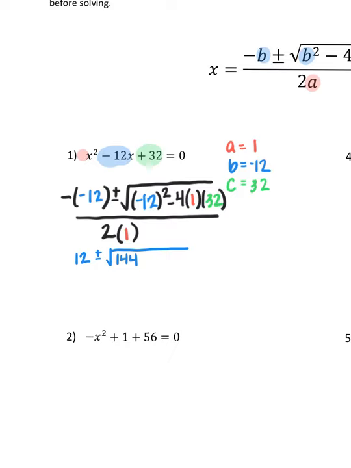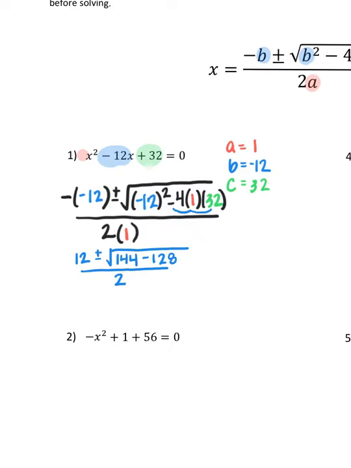And negative 4 times 32 is negative 128. So I just multiplied negative 4 times 1 and then negative 4 times 32. So you can just put in your calculator negative 4 times 1 times 32 and it'll give you negative 128. And we're going to put all of this over 2 times 1, which is 2.